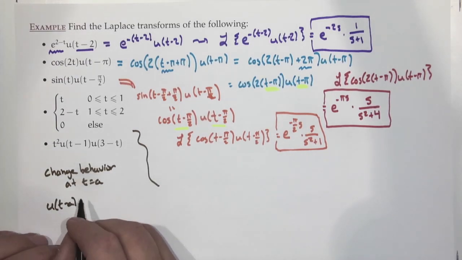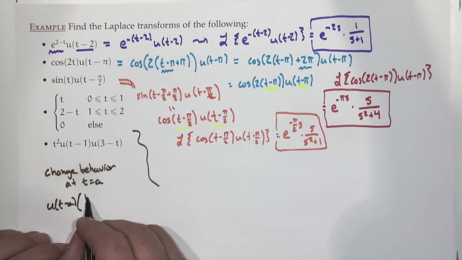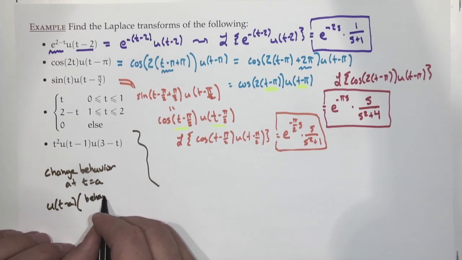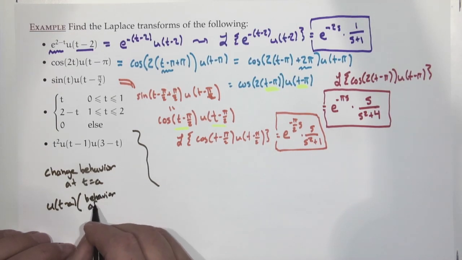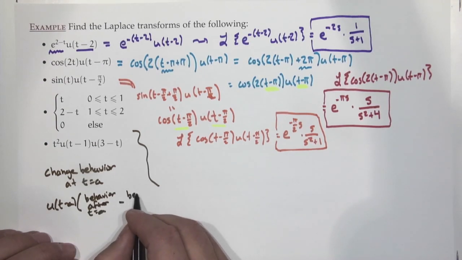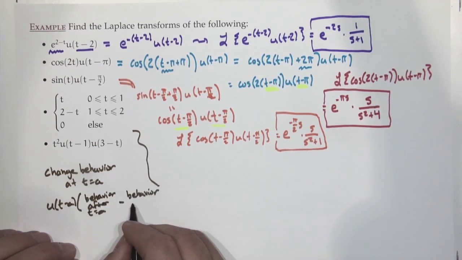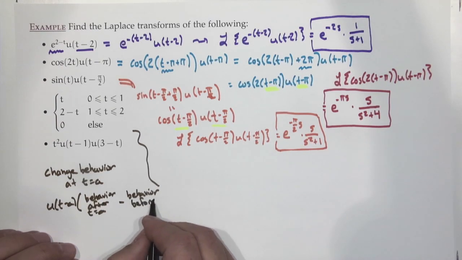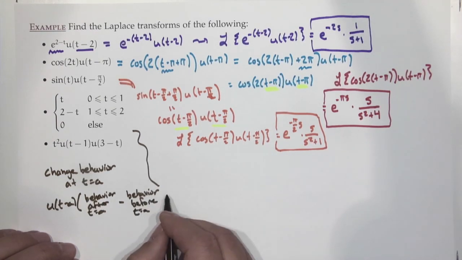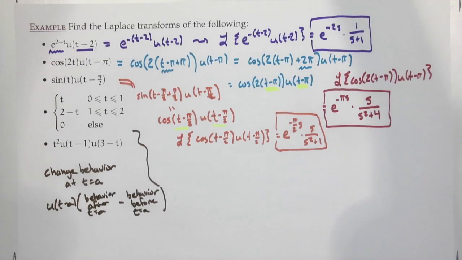And then you take the behavior after a, and you subtract your behavior before a. Now you might say, I'm having a very deja vu moment. This sounds like something I've heard before, because it is. We talked about this last week, I believe.